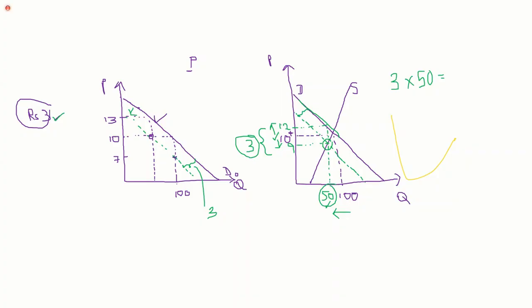You can also calculate the cost to the consumers because of this price increase, and also the cost to the producers, because now the price has gone down from 10 to 9 by 1 rupee. So that's how you would look at the overall economic impact of the tax to the economy.